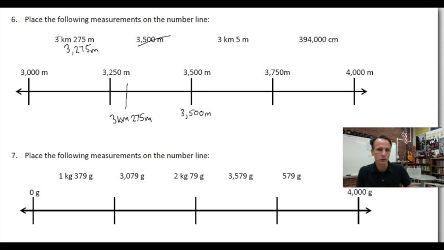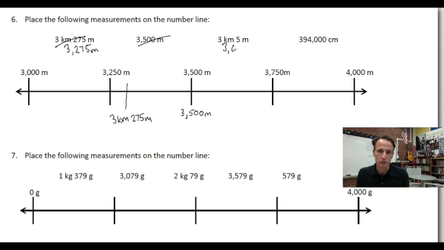Now let's look over, so done with that one. 3 kilometers, 5 meters. All right, no problem. We already know that 3 kilometers is 3,000 meters. We just did that. So we want to put this all into meters, and then we have 5 meters. So think of it as 3,000 meters plus 5 meters would be 3,005. A mistake here would be to write 3, 5, or even 3,500. It's not 500, it's 5.